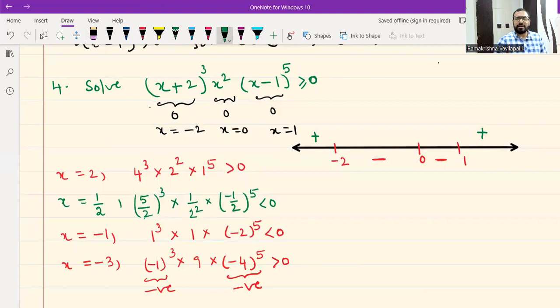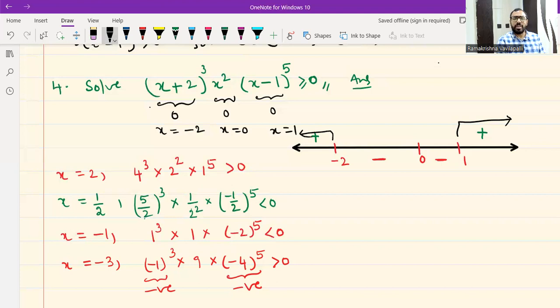So almost all we are done. But what we learn in this, we'll write this. What is the answer for this? We want greater than or equal to 0. Greater than or equal to 0 means you have to search for positive sign. So here the answer is that the positive sign is there for less than -2 and greater than 1.